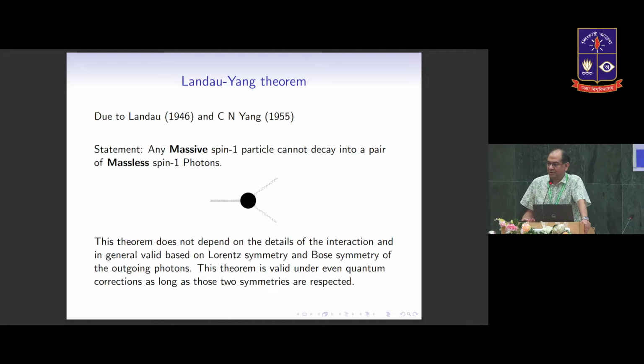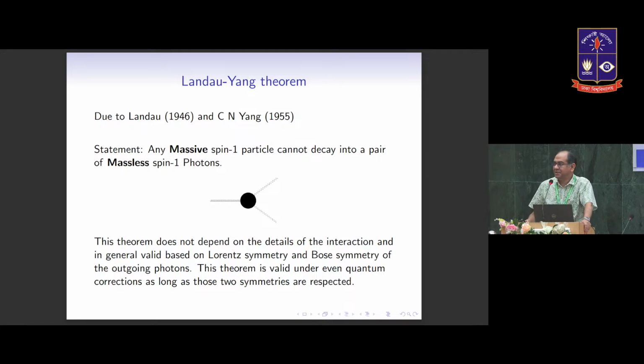The two photons are identical, so there has to be a symmetry between them if you exchange them. Once you write down all possible vertices, all possible terms in an expansion of one vector going into two vectors, and you include this symmetry, you immediately find that all the terms are 0. This is how you prove it.